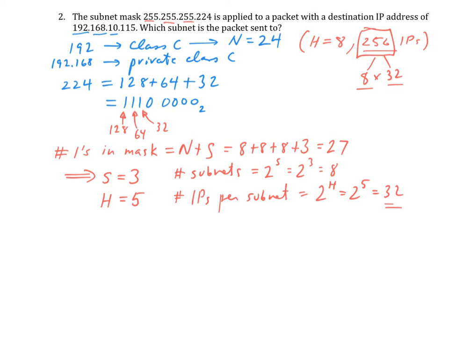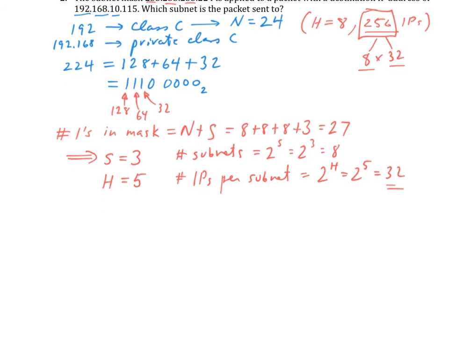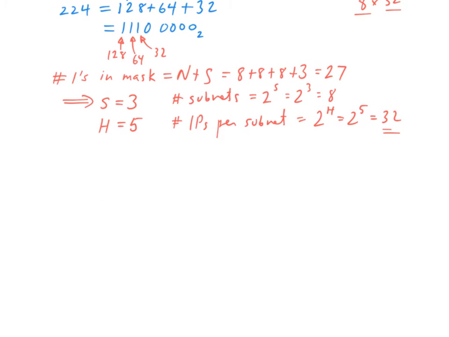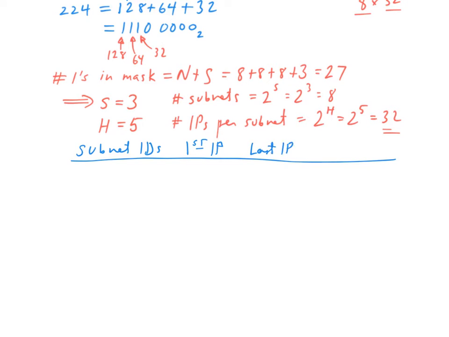We can now write down the subnet ranges and see which subnet contains our IP address. Here are the subnet IDs, the first IP in the subnet, the last IP in the subnet, and the broadcast IP in the subnet.